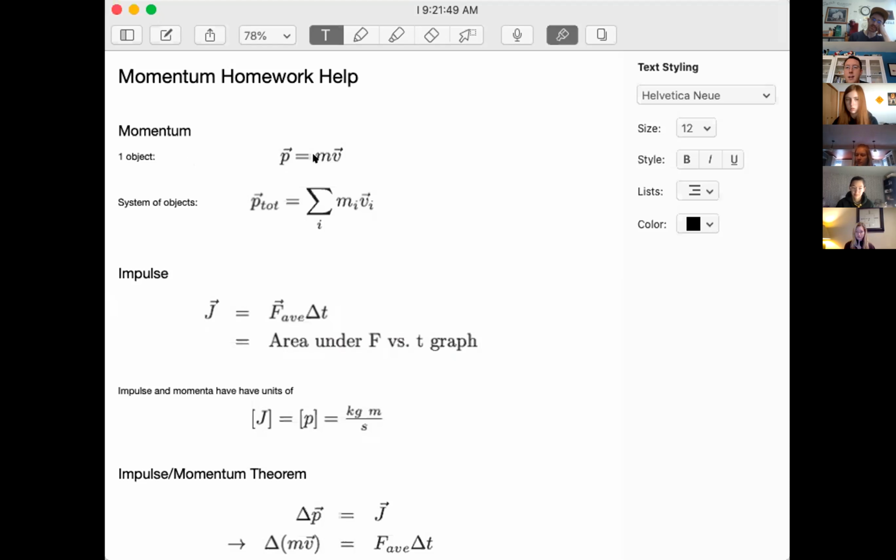In Newtonian physics, it is defined to be the mass times the velocity. And since mass is a scalar, but velocity is a vector, that means momentum is a vector. So if you have to add momenta, you do it using vector ideas. Okay, so momentum is a vector. And when you just have one object, it's that simple.